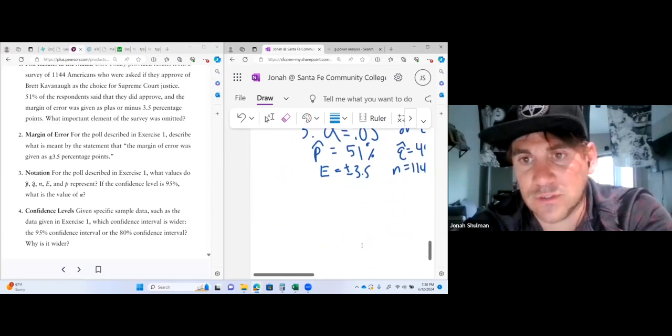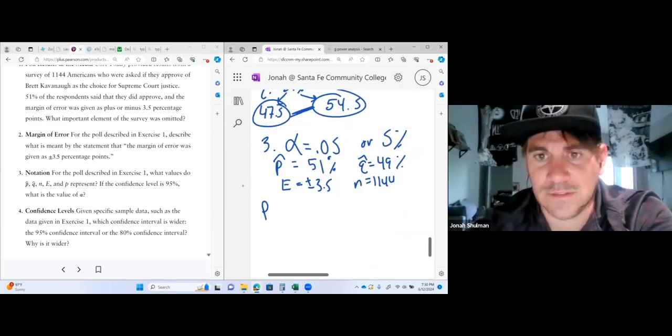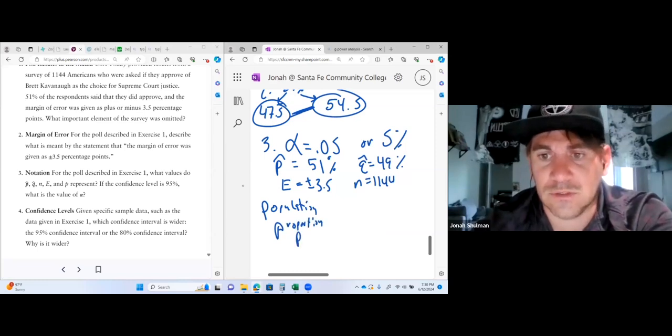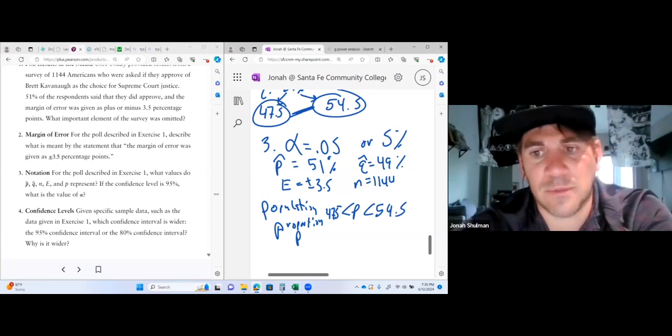So for number 3, p-hat is the sample who said yes, and p is the population proportion, this is what the little p is. So 47.5 is less than p, which is less than 54.5. Ta-da! That's the population proportion p.